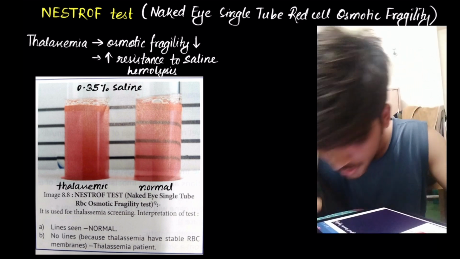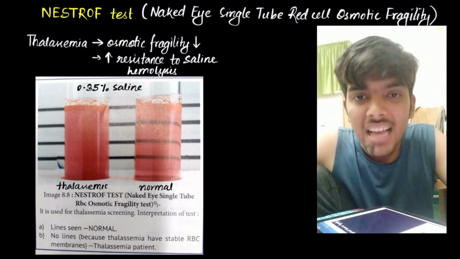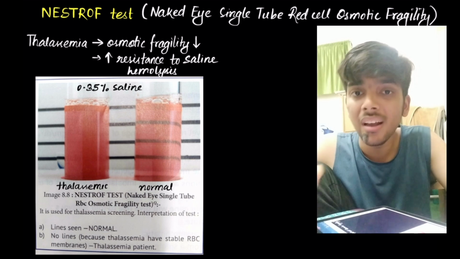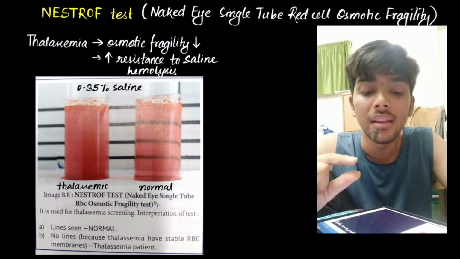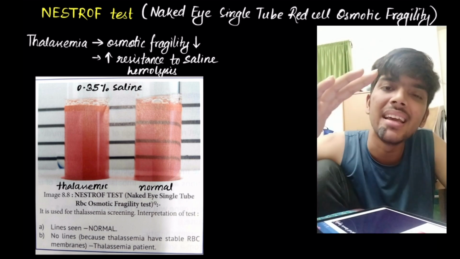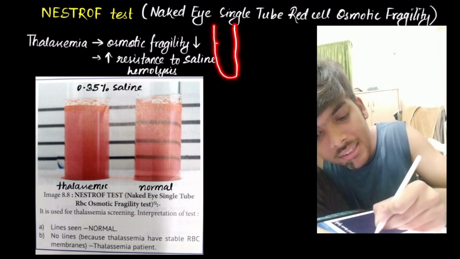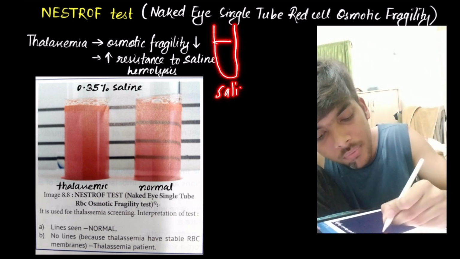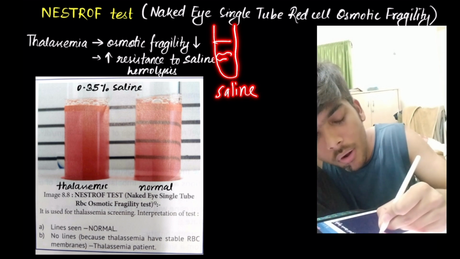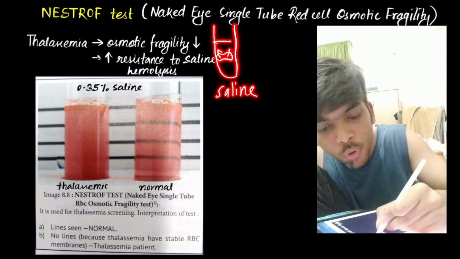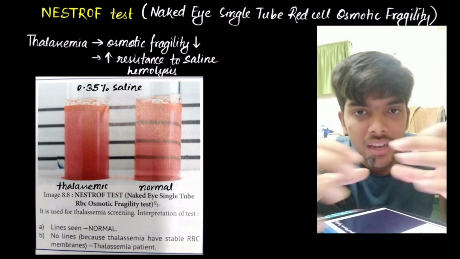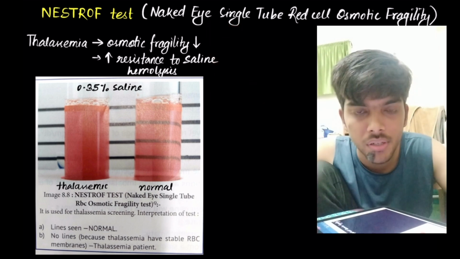See, this is what happens. In beta-thalassemia major, the osmotic fragility of the red blood cell decreases. This is what I mean. So you have a test tube, right? This test tube has saline water. And if you put a normal red blood cell into it, due to osmotic pressure, the red blood cell bursts and ruptures.